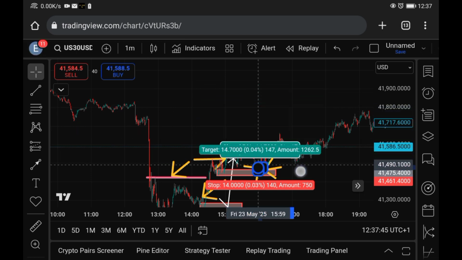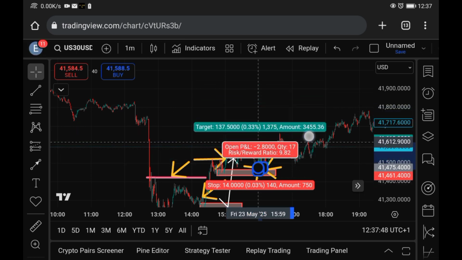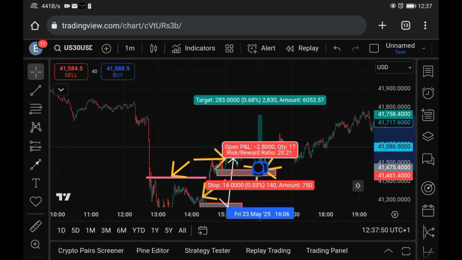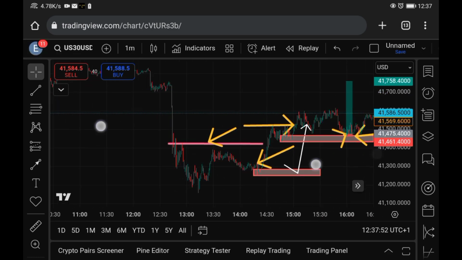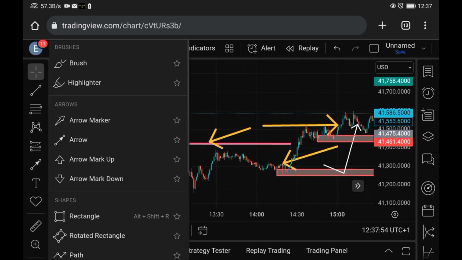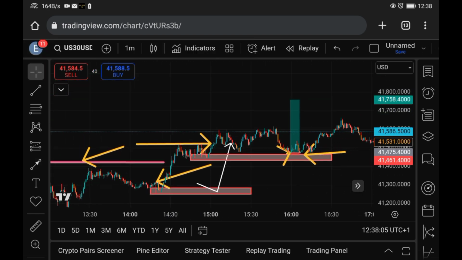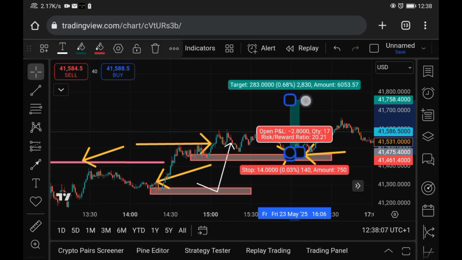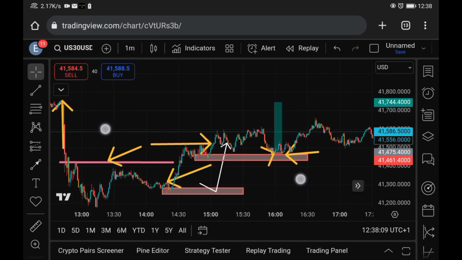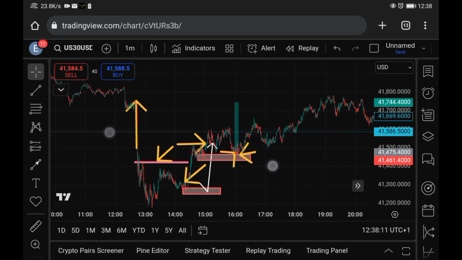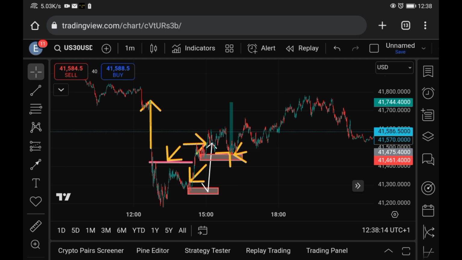But since there was an imbalance right here, I would like to target this first level because this imbalance shows that if this market comes back, it may stop at this point and reverse. Since from this very zone till this zone has already given you something like 1:20 or 1:19 RR, you can just take the trade and leave the market because this is a small account and this is a small time frame.